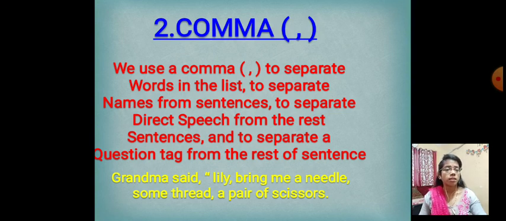These are the different things that grandma wanted, so there we use the comma.